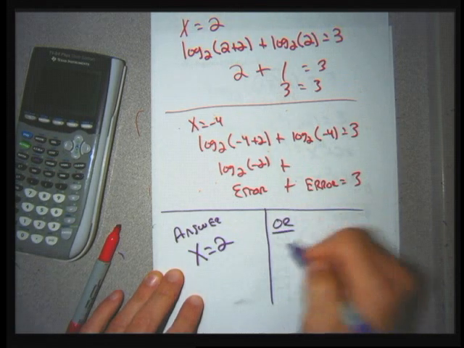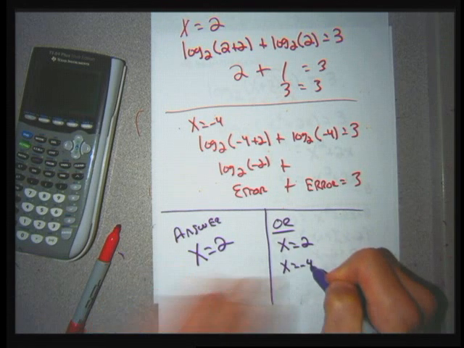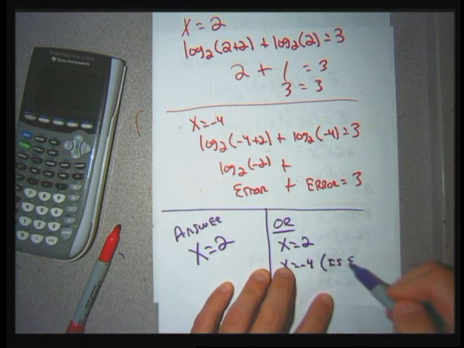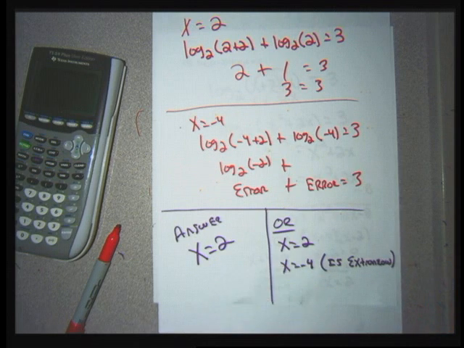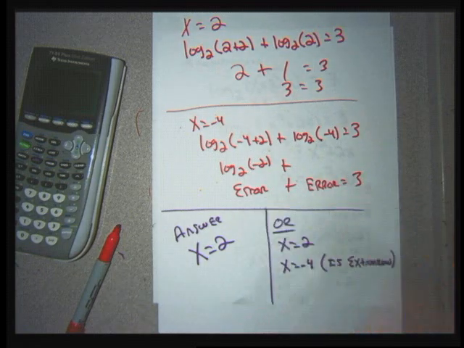The other choice is you can write the answer that checks and also write the answer that doesn't check, but write something next to it that tells me that, yes, I know I got this via the algebra, but it's not really a solution because it doesn't check. So if I included both numbers in the solution, next to the negative 4 that didn't check, because error plus error doesn't equal 3, or something with an i plus something with an i doesn't equal 3, it would be best if I just didn't include that solution.